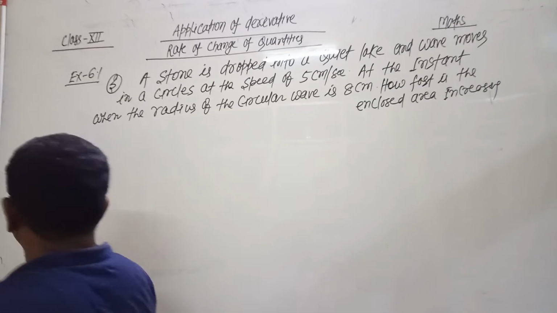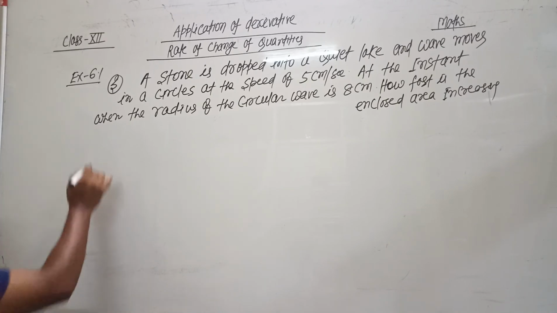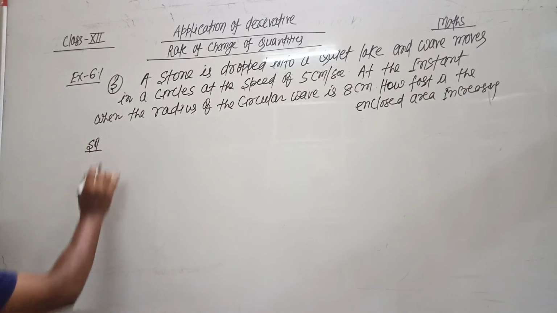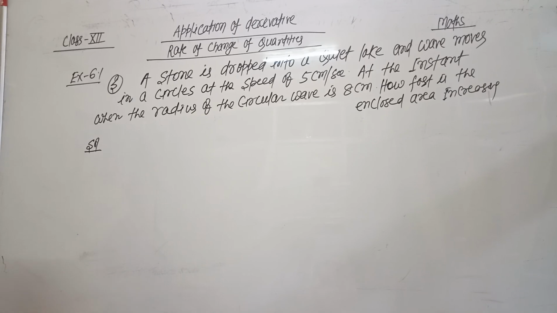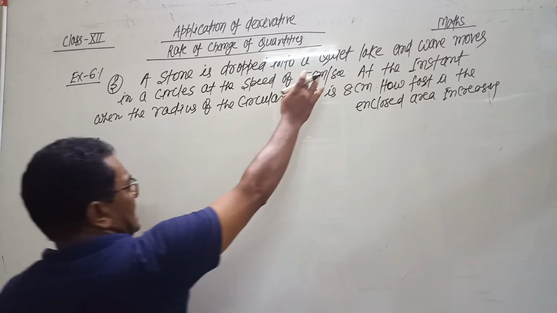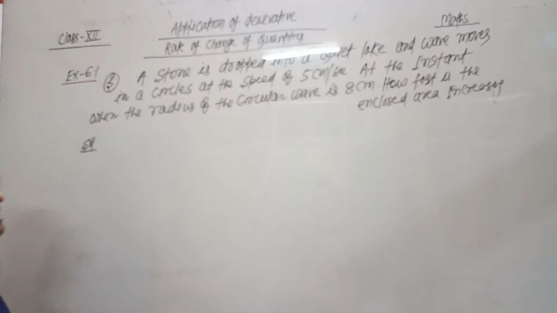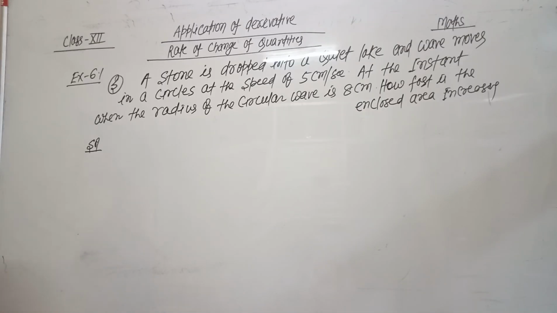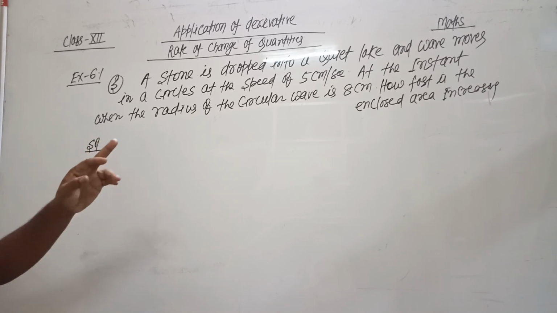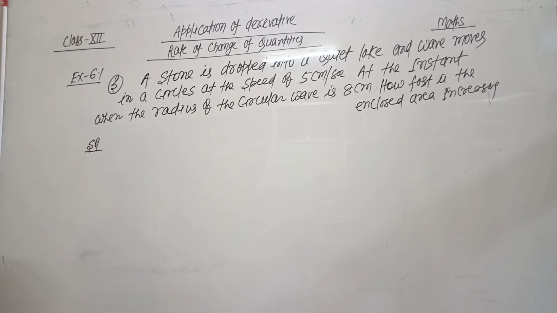So we have to find the increase in area. We are given that a stone is dropped into a quiet lake and waves move in a circle at the speed of 5 centimeter per second. This is the unit of speed.